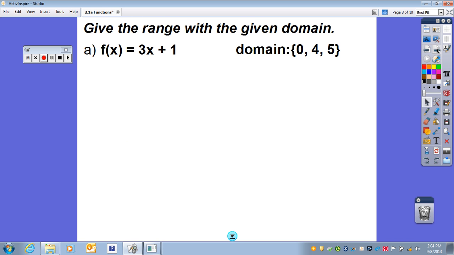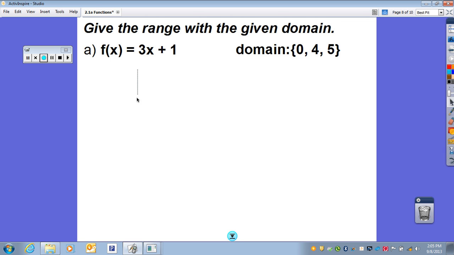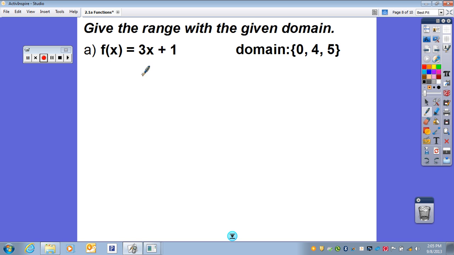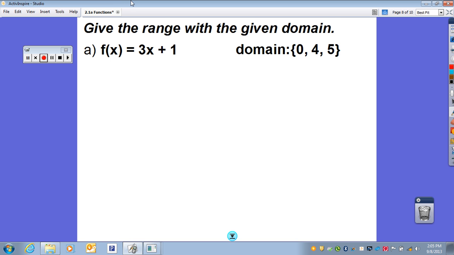So let's do an example problem. It says give the range with the given domain. So my f of x is 3x plus 1. Really, the easiest way to do a problem like this is to simply make a t-chart or a table. So we are going to make a table, and our domain is our x values, our 0, 4, and our 5.